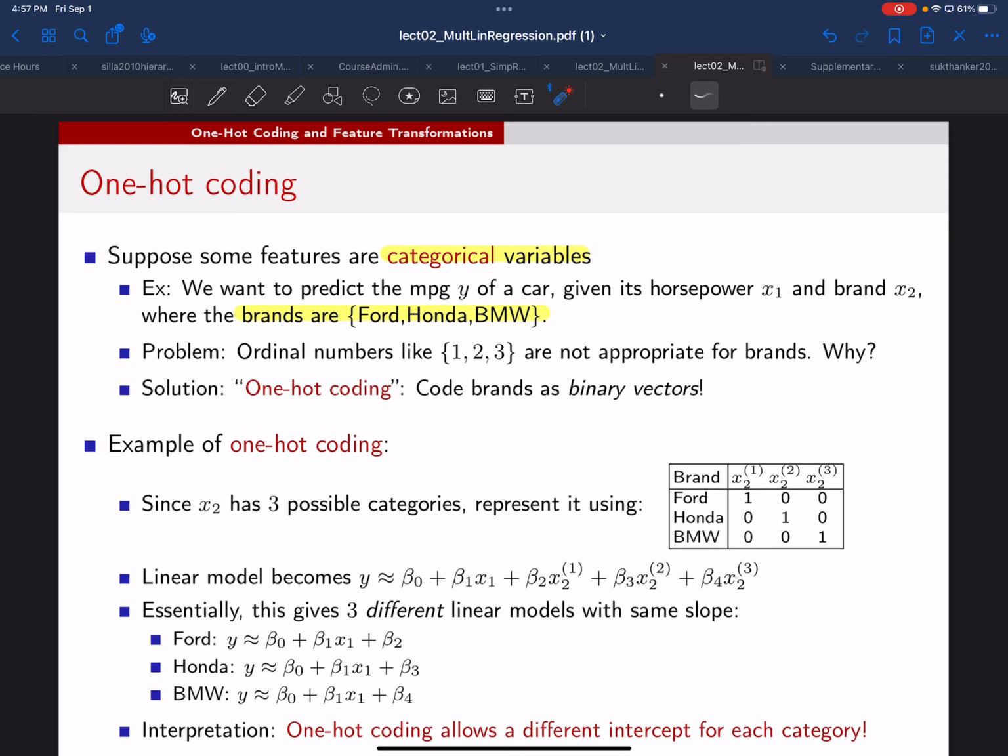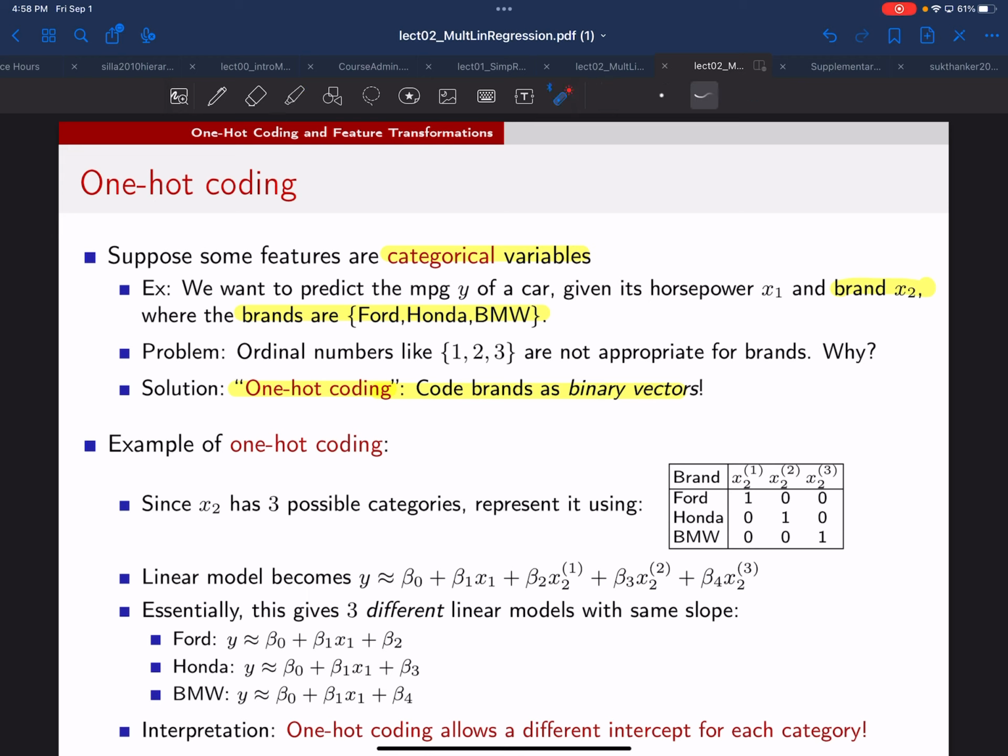So instead, we're going to use a trick called one-hot coding. The main idea is to code brands as binary vectors. That might sound weird, so let me show you what I mean by just an example. Look at this little table. Remember that the brand is X2. So instead of thinking about X2 as a real number, think about it as a binary vector of 3 numbers.